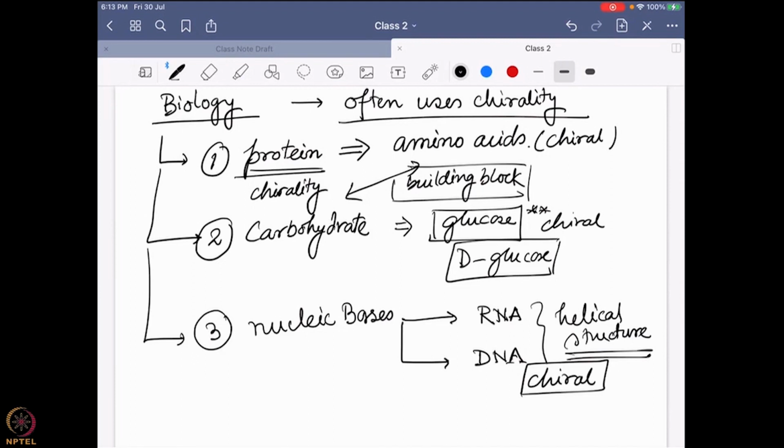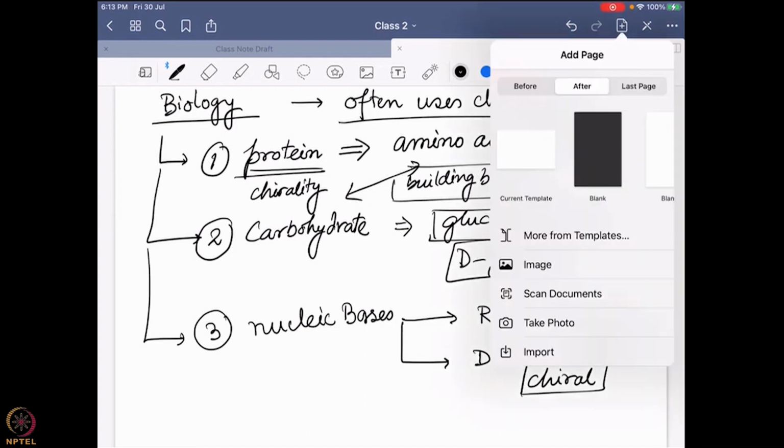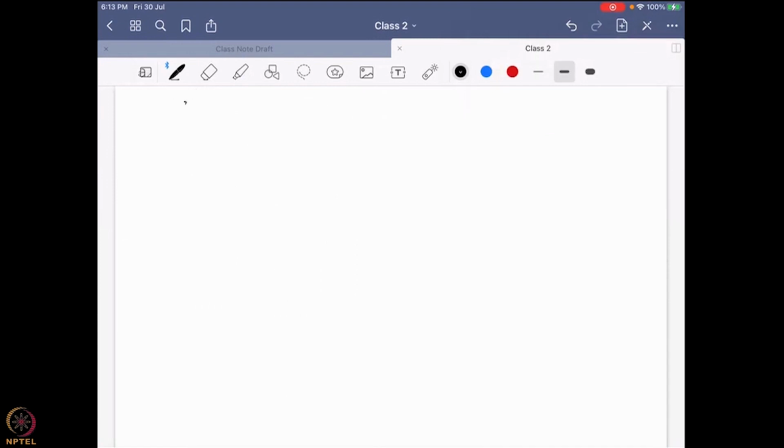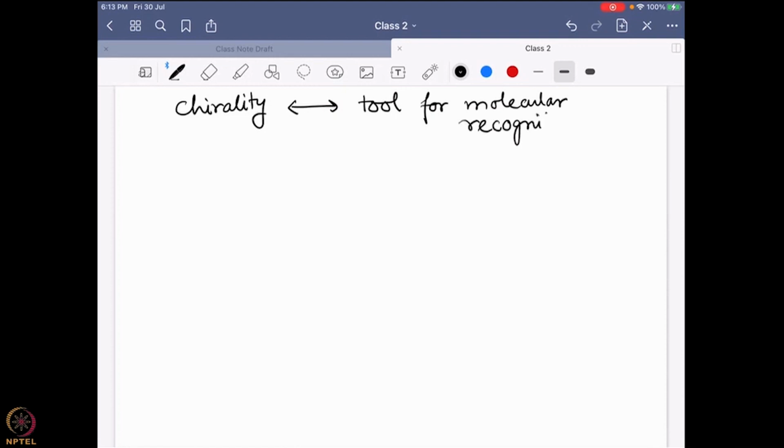Why is it important? The important factor is that this chirality is actually employed as a tool for molecular recognition.